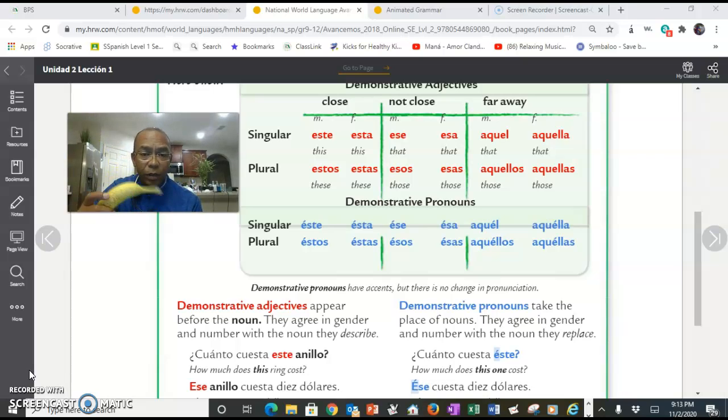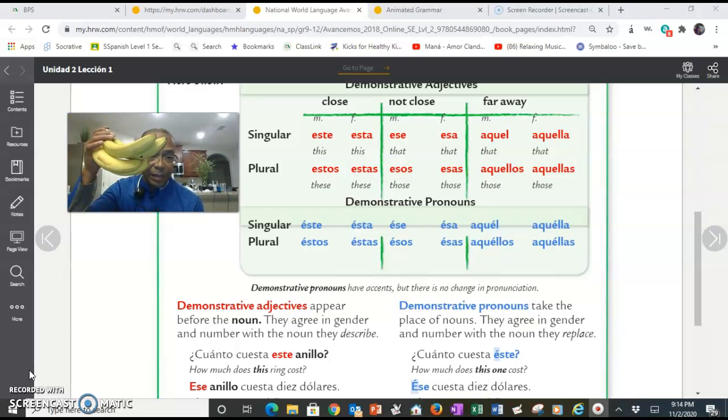So any words that end with O are masculine, you will say este, and words that end with A that are feminine, you will say esta. Now in the plural side, for things that are close to you, you will say estos tenedores, or estas bananas for feminine words.